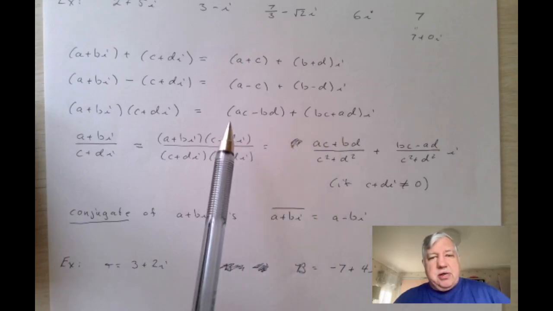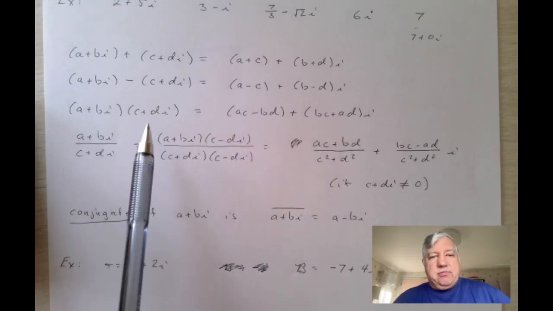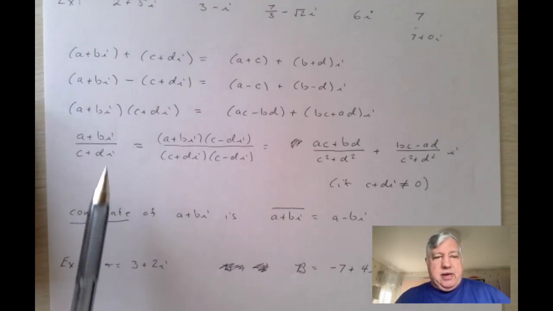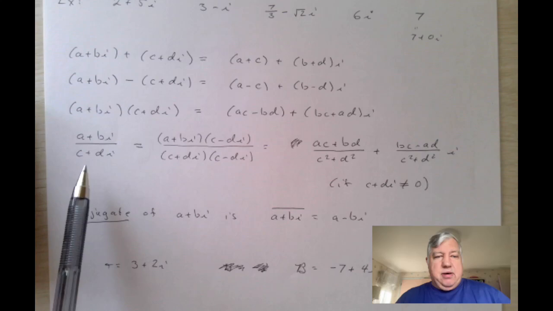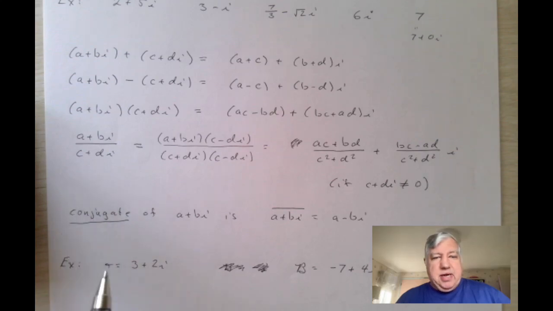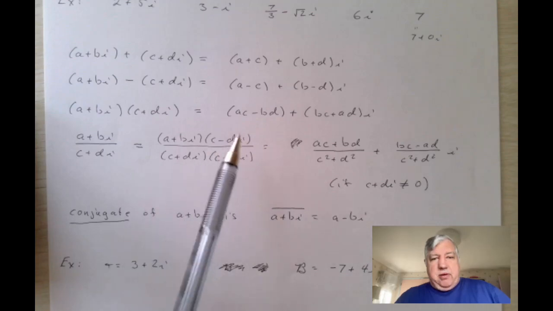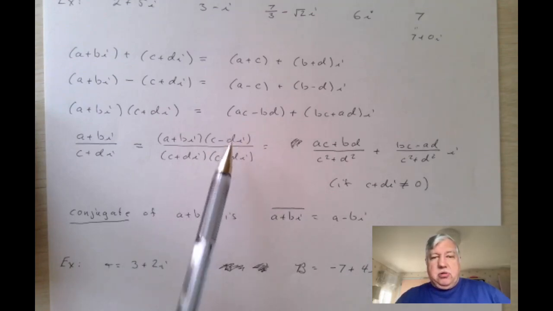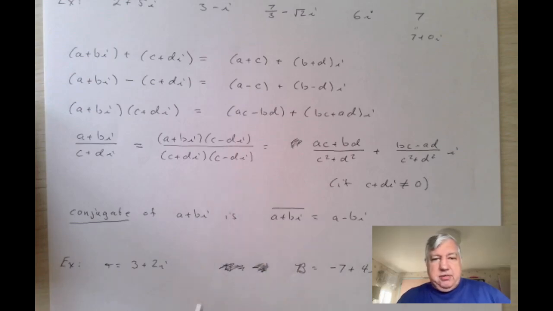You can just go ahead and FOIL this out, and we'll do an example in a minute. We can also divide complex numbers as long as the number you're dividing by is not 0. So we do that by conjugating, rationalizing the denominator by multiplying and dividing by the conjugate of the denominator, and then we get this.